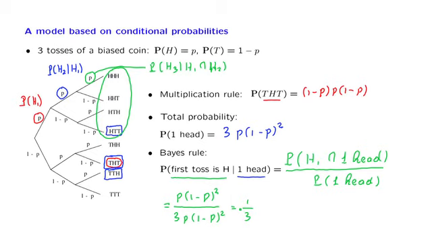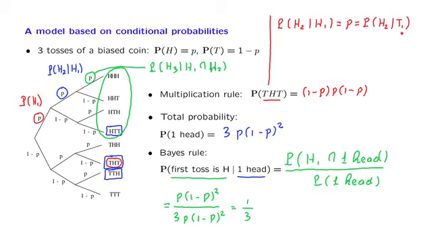Let me now make a few comments about this particular example. This particular example is pretty special in the following respect. The probability of heads in the second toss, given that the first one was heads, is equal to p, and the same is true for the conditional probability of heads in the second toss, given that the first one was tails.